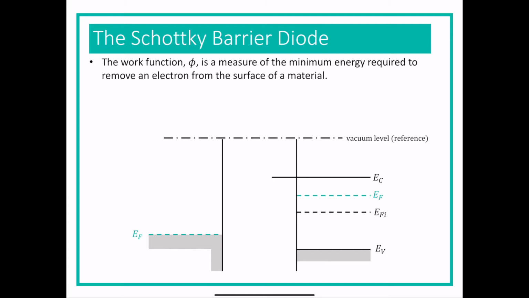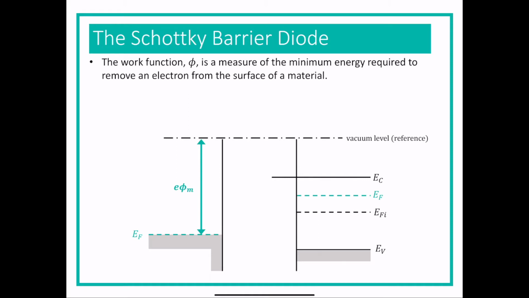We talked about work functions on and off throughout the semester, but basically a work function just tells how much energy is needed to remove an electron from the surface of a material. So there's all kinds of different work functions, and at this point we're interested in two things.